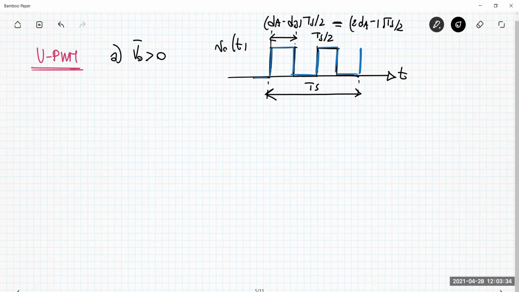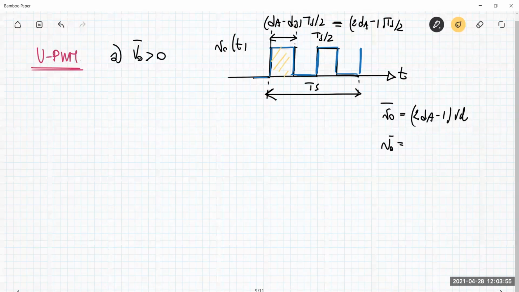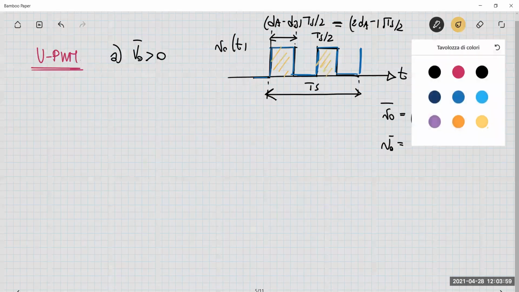By the way, let's compute the average value. Remember that we know that you should have 2 da minus 1 Vd, exactly as in the bipolar pulse width modulator case. Looking at this waveform, I have to consider these two pulses here and average the area over Ts.